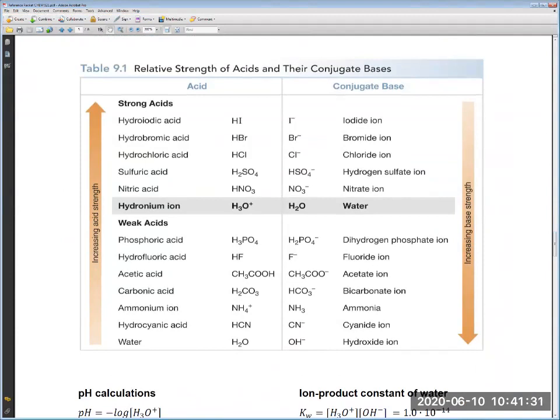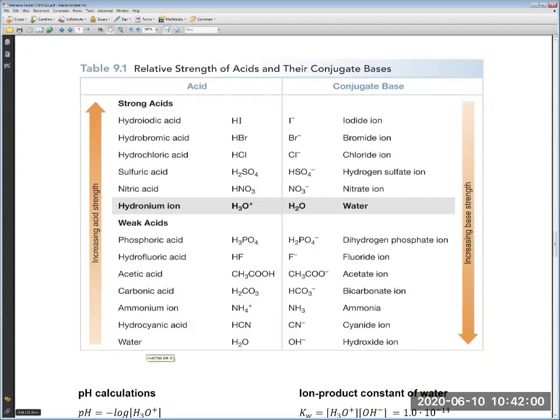And here the table on top of page 5 lists acids and their conjugate base. And it shows how on the left side, acids are listed in increasing acid strength going from bottom to top. So the strong acids are on top, weak acids are on the bottom. And in there, you can see acetic acid.